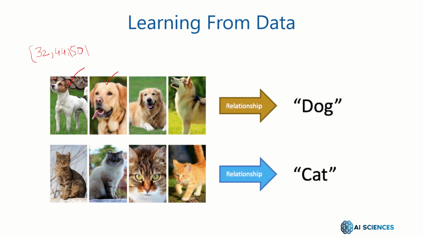Each location, for example the row number and column number, at that particular location the color is represented by its code: what's the red code, what's the green code, and what's the blue code. This is sometimes called a pixel. You can see there are a lot of pixels, which means that eventually the whole image is basically a lot of numbers.